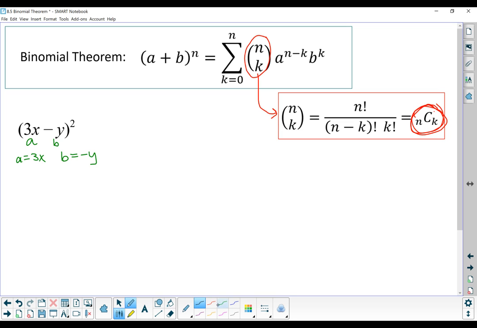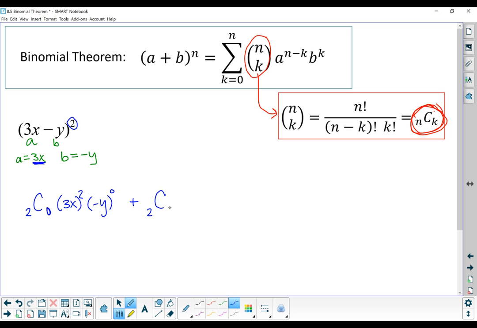So our terms are going to start with, our power here is 2. So our first term has a coefficient of 2C0. Start with 0 there. And then the first term, 3x, has that power of 2. So we're going to start with that power 2, and the negative y is going to have a power of 0.